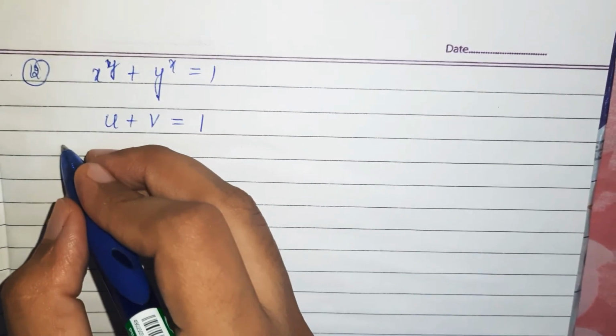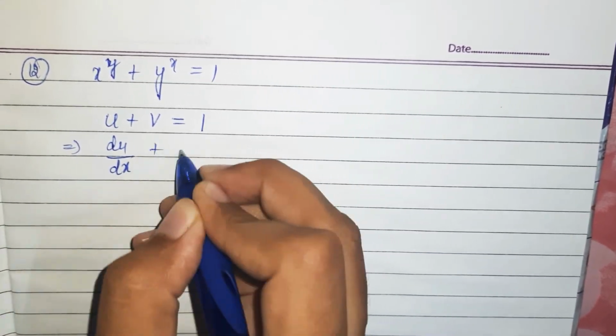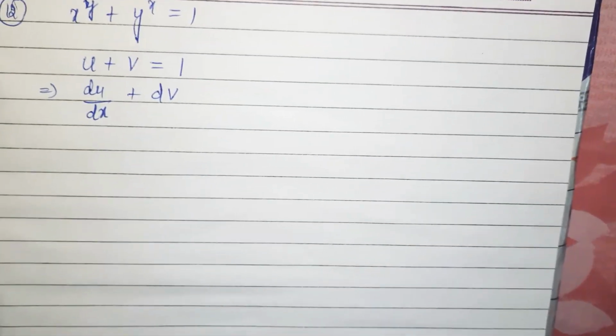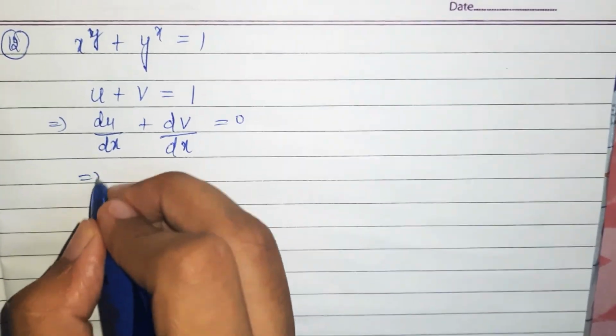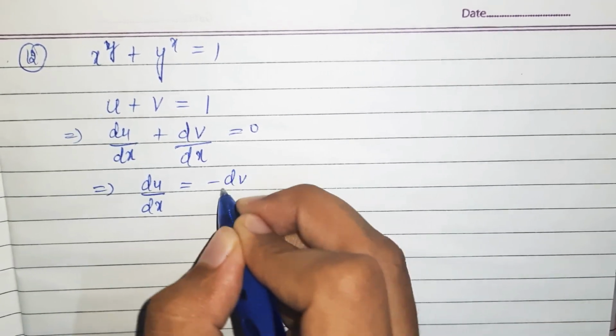Now differentiate with respect to x. So du by dx, dv by dx, and this is a constant term, this will become 0. So basically du by dx minus dv by dx.